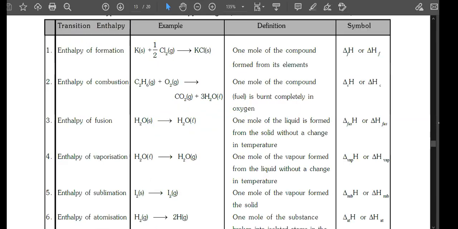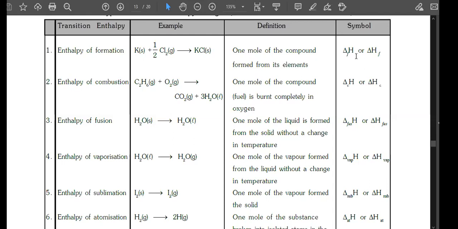So this is your summary. See this. There are 3 other enthalpies of reaction which I have skipped because I have already taught them in chemical bonding.